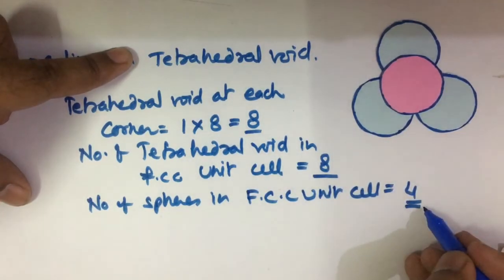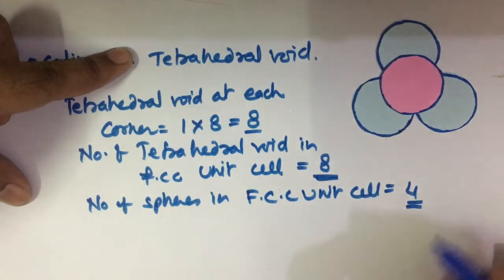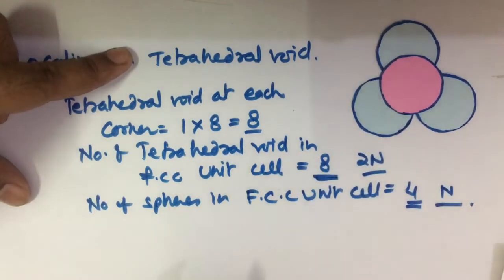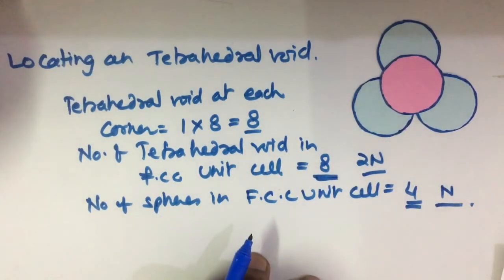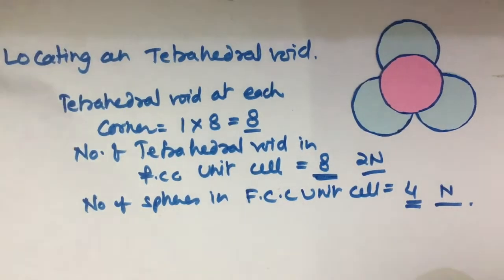So for 4 spheres there are 8 tetrahedral voids. This is n, this is 2n. So in each FCC unit cell there are 8 tetrahedral voids.